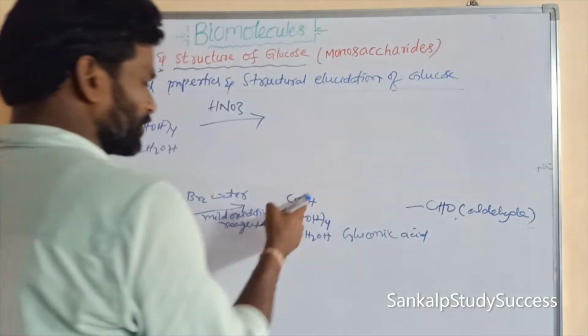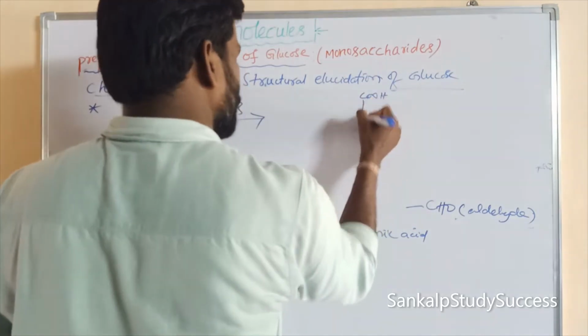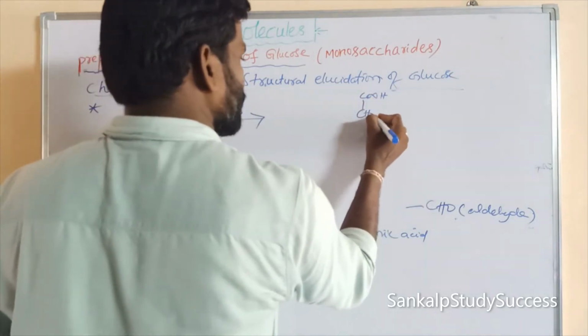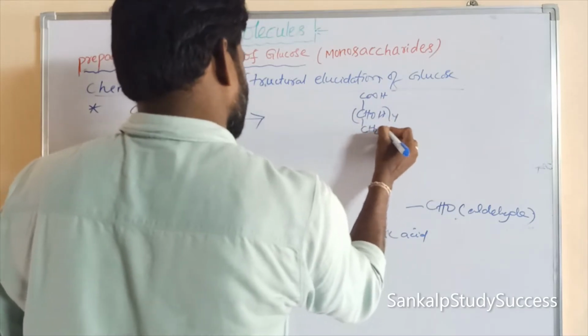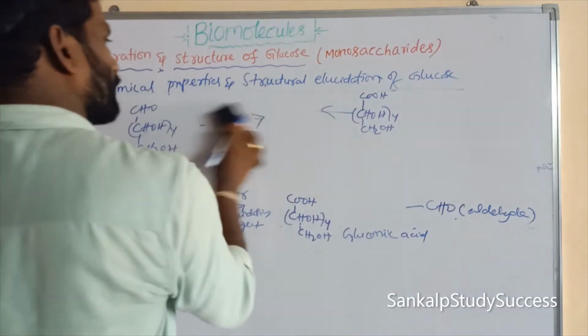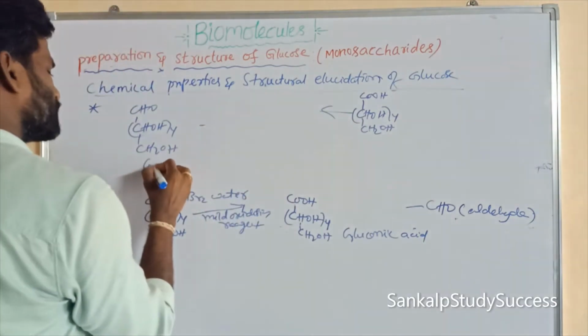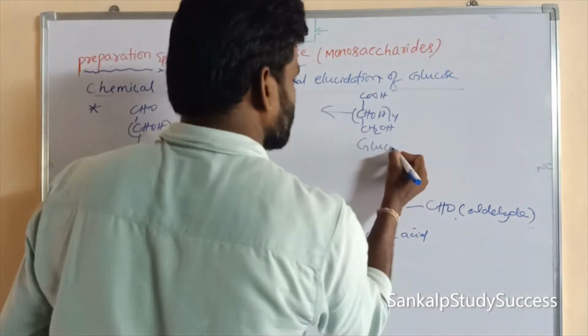What is the formula? This is gluconic acid: COOH, 4 CHOH, CH2OH. So this is glucose, and this is gluconic acid.